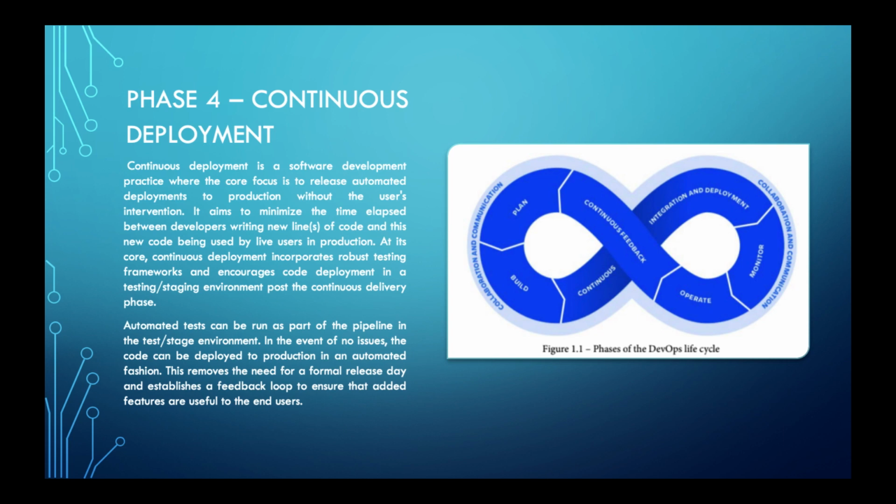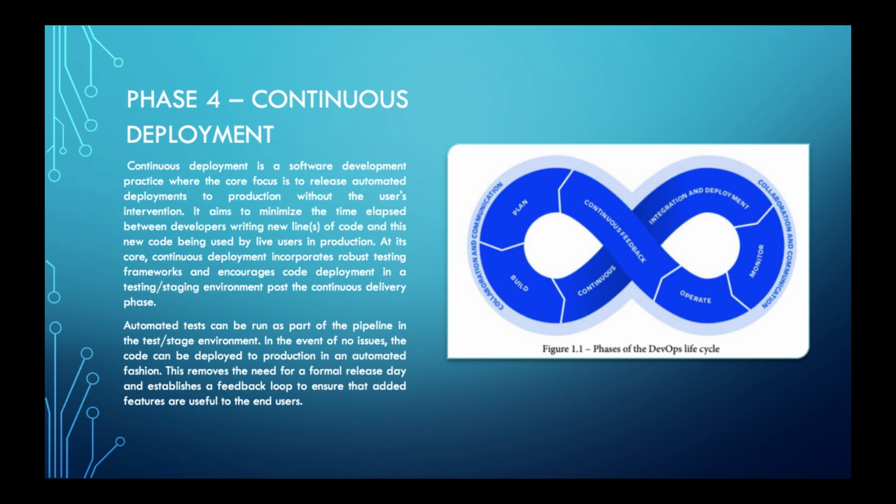Phase 4: Continuous deployment. Continuous deployment is a software development practice where the core focus is to release automated deployments to production without the user's intervention. It aims to minimize the time elapsed between developers writing new lines of code and this new code being used by live users in production.